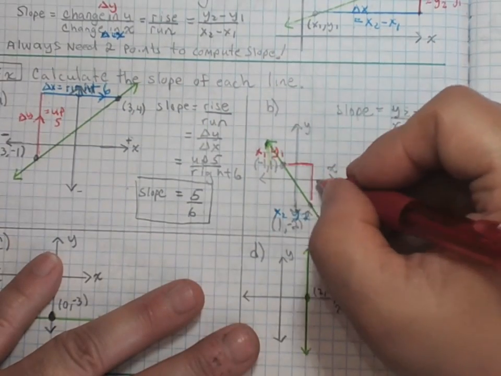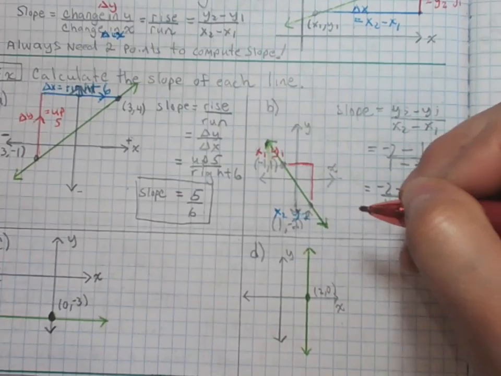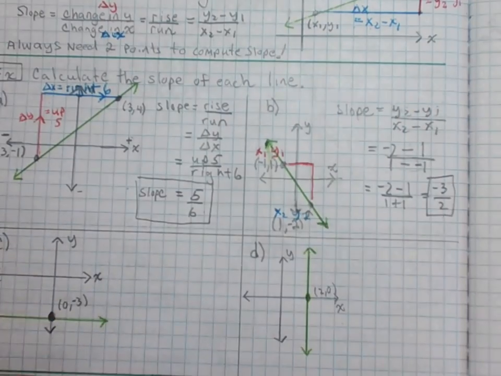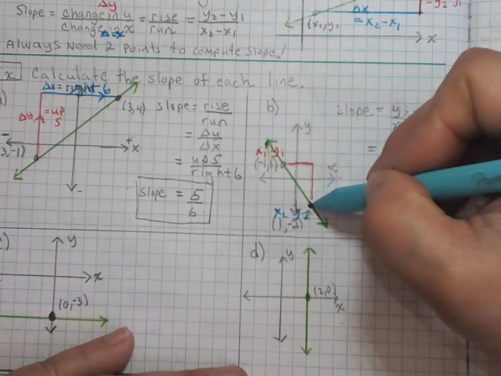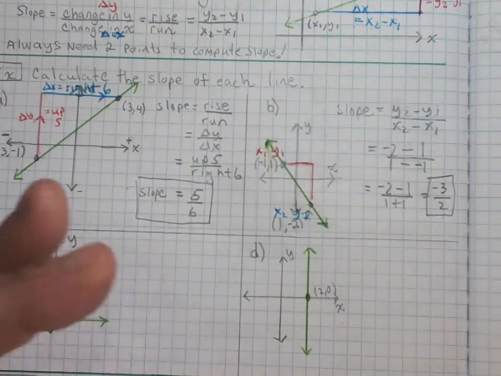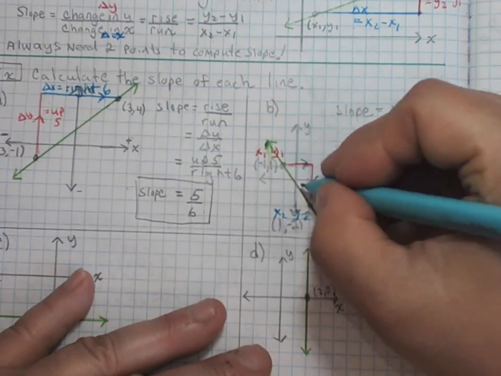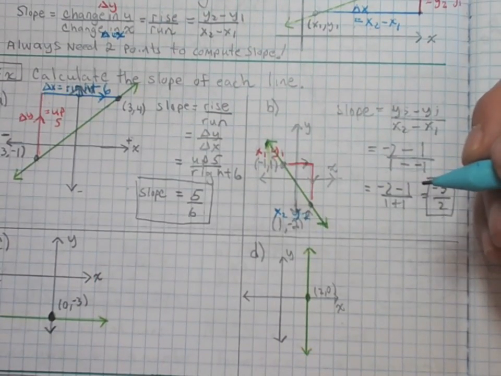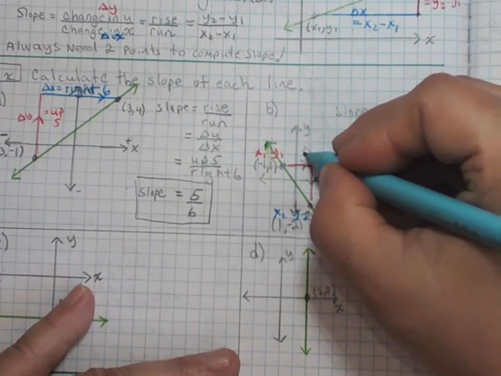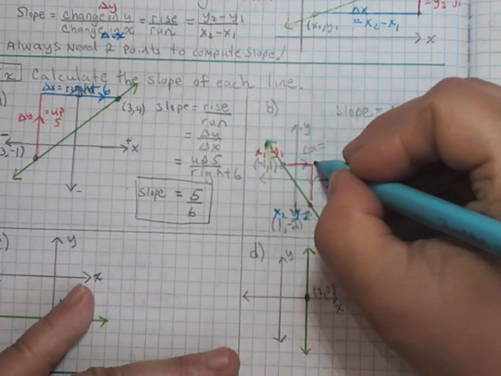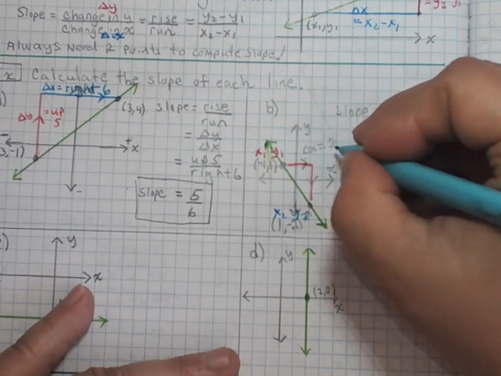Okay, and so before I can determine my slope, I have to draw a path. Am I going to go to the right and then down, or am I going to go up and to the left? You have to pick. All right, so what if I just go to the right and then down to connect these two points in a path? Then here's my run. The horizontal is always going to be delta x. So it's 1, 2, so it's positive 2.